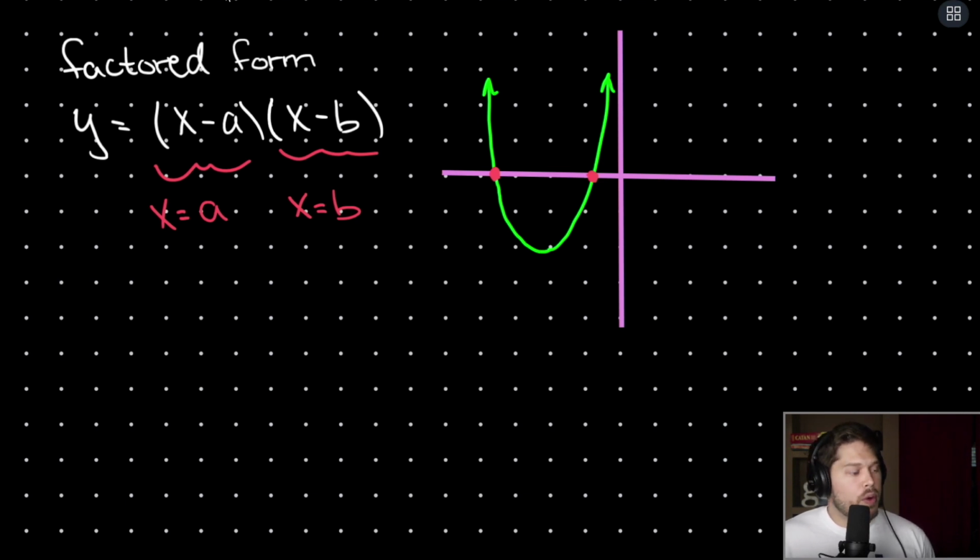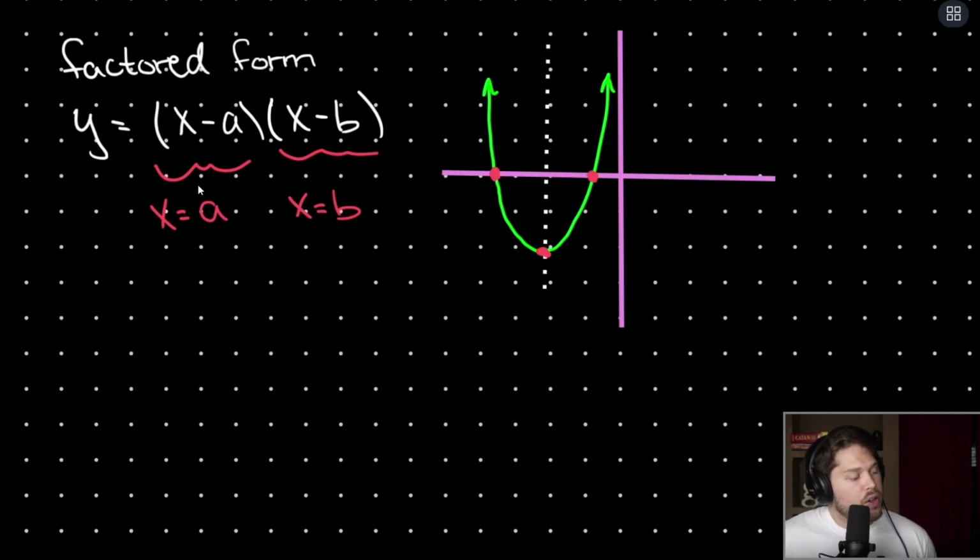And again, notice that your parabolas have a nice line of symmetry. And so the x-coordinate for your vertex will be the average of your two zeros.